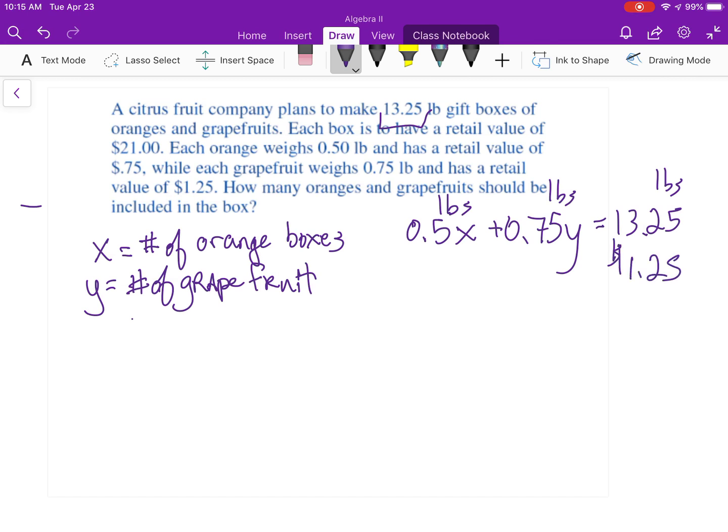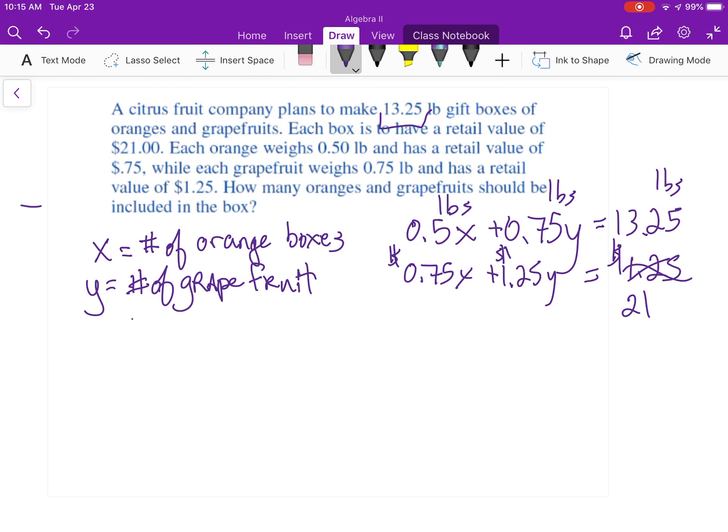So I'm going to have to take the price per orange and multiply that by x, $0.75 x. And then $1.25 y, oh, I grabbed my $1.25 in the wrong spot. That was pretty cheap. That should add up to be the total of 21 bucks.